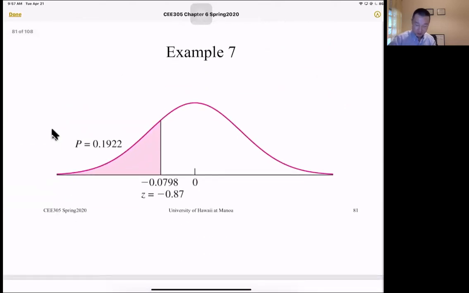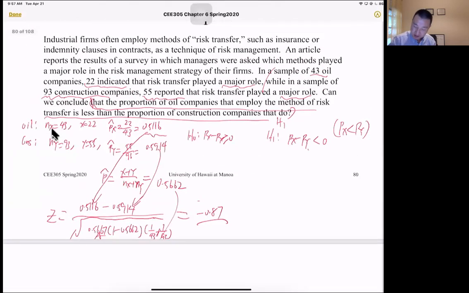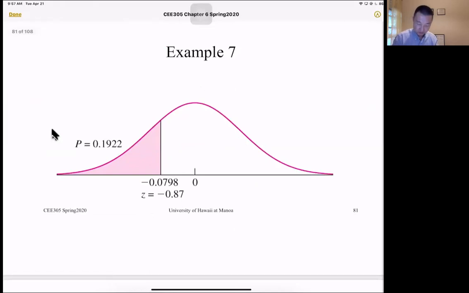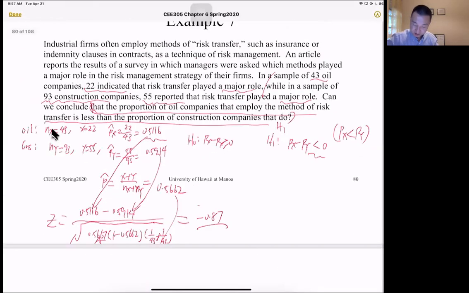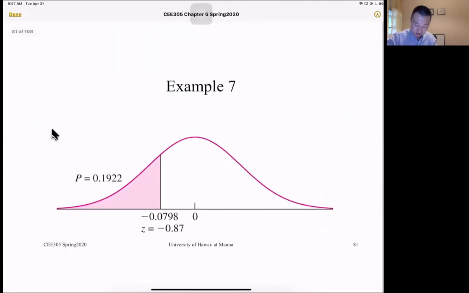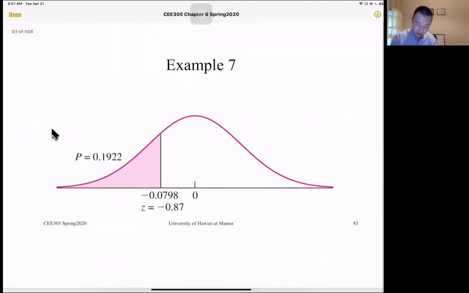Because H1 is less than, the p-value will be to the left of z. Because with less than 0, the p-value is the area to the left of z. So you get the idea now. Left of z for a z value of minus 0.87, the p-value is pretty large, 0.1922, which is larger than 0.05, which is the alpha.